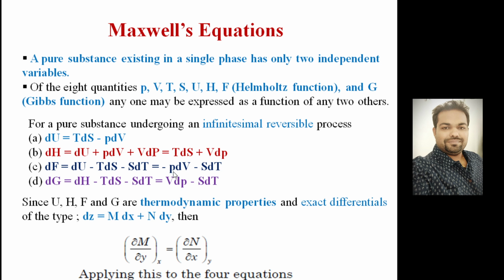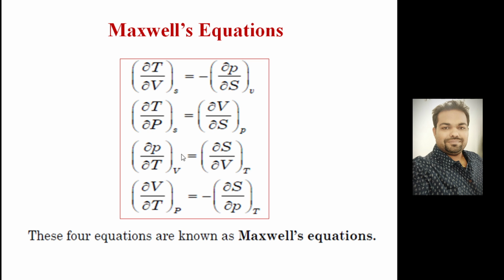Now look at this, both sides minus, so you can write plus here. So dou P by dou T at V is equal to dou S by dou V at T.